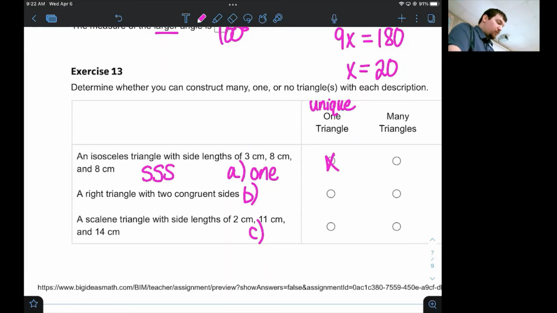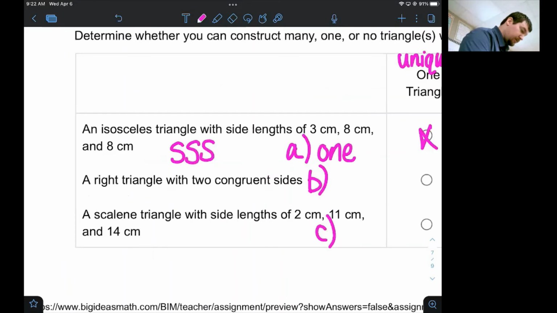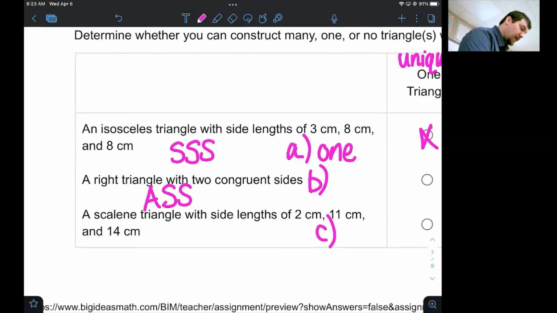Letter B, a right triangle with 2 congruent sides. Can you have a right triangle that has 2 equal sides? Yes, that means 2 angles have to be equal, right? I didn't say they both have to be 90. In fact, if one's 90, the other 2 that are equal would have to be 45 and 45. So I can make a triangle like this. They gave me the angle, and then they gave me the 2 sides.